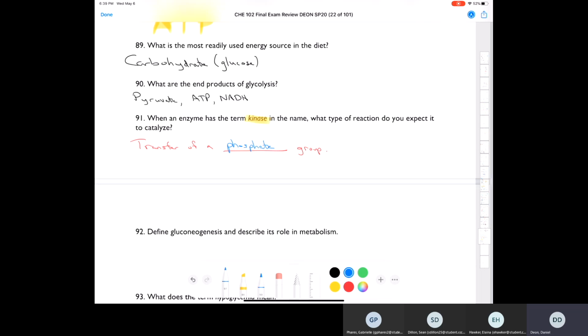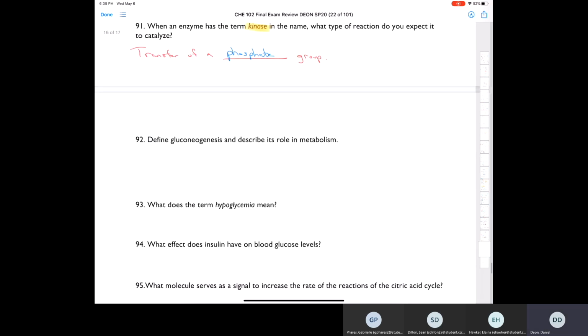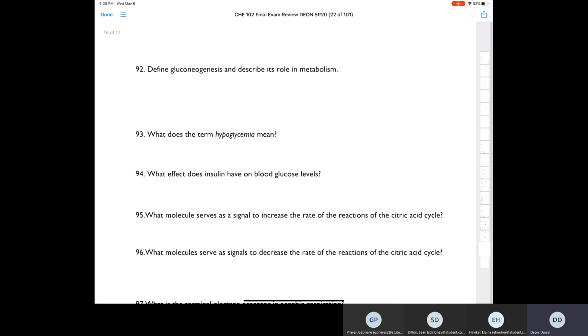The reason why kinases are so dang important in chemistry and biochemistry is because kinases are targets for a lot of different diseases like cancer and things like that. So most people who work in the drug industry who are biochemists will be experts in all the different kinases that are out there. Anyhow, define gluconeogenesis.